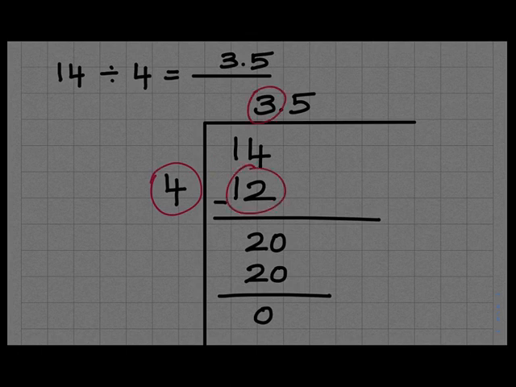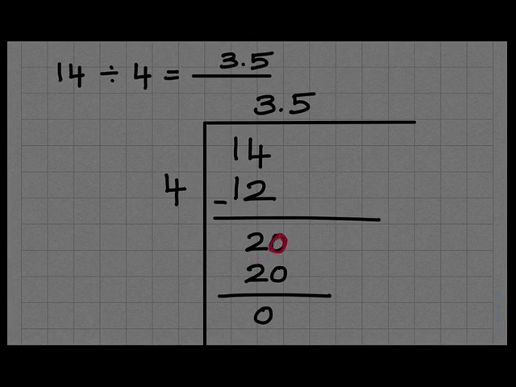So let us write 12 and do the subtraction. When we subtract 14 minus 12, we get 2. So we cannot divide 2. 2 is a smaller number, so let us mark a decimal. When we mark a decimal point, let us add a 0 down here.